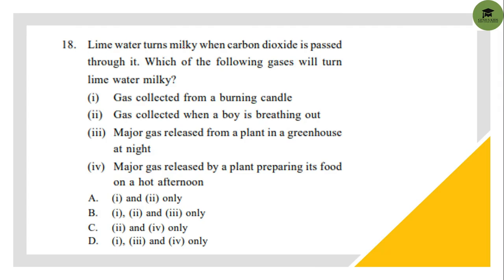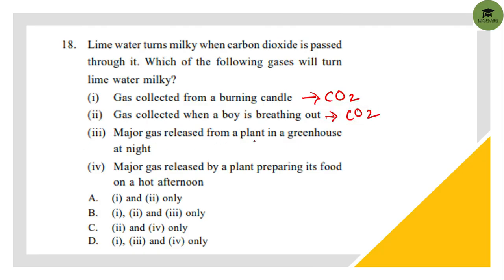Question 18. Lime water turns milky when carbon dioxide is passed through it. Which of the following gases will turn lime water milky? Gas collected from a burning candle. What is the gas? This is carbon dioxide. Gas collected when a boy is breathing out. The gas is carbon dioxide.